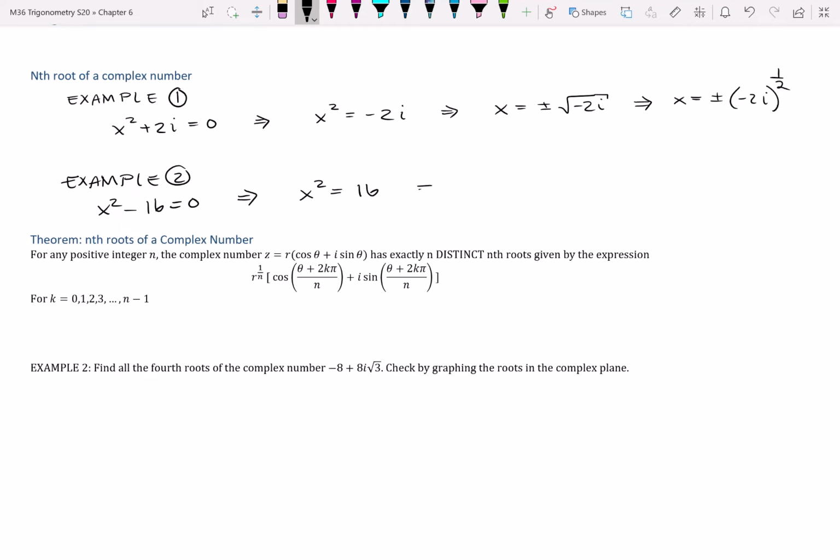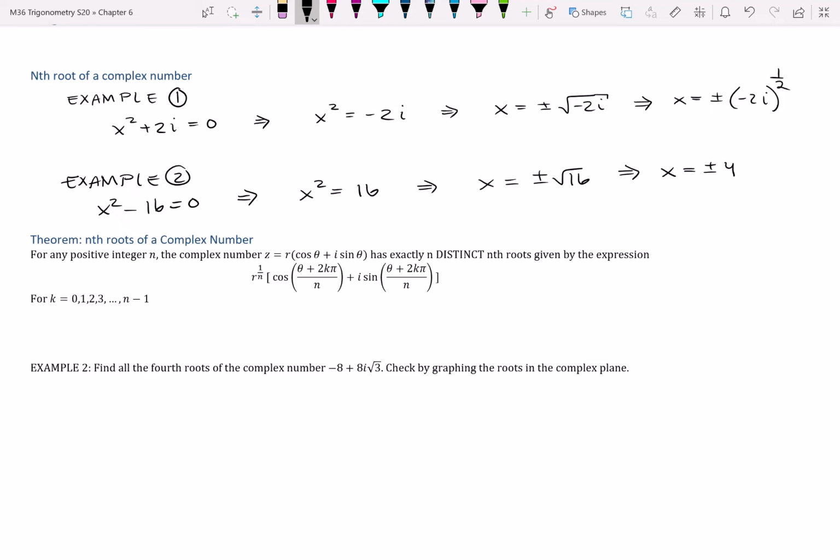And then we take the square root of both sides, we get x is equal to plus or minus the square root of 16, and that one's not so bad. We're like, okay, well, these are real numbers. We could use our calculator, but because 16 is actually a perfect square, that just ends up being plus or minus 4. But again, we're working with complex numbers, so that's going to be a little bit more of a challenge. That's a little bit more work.